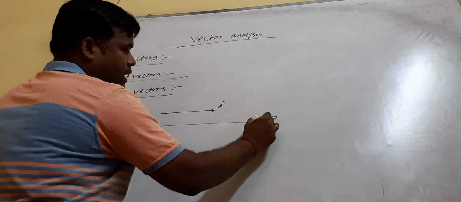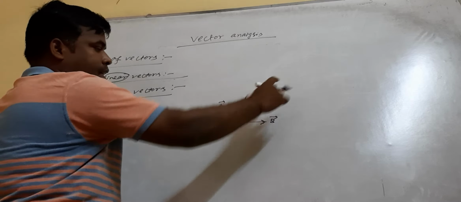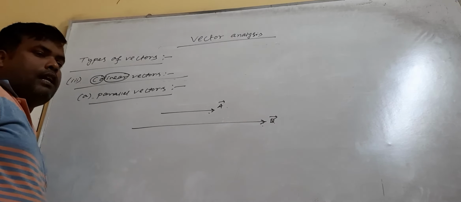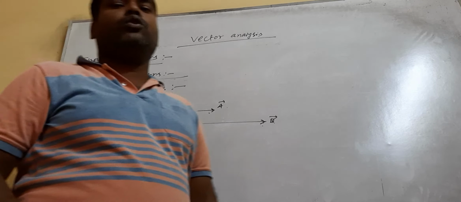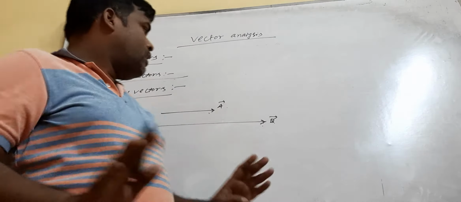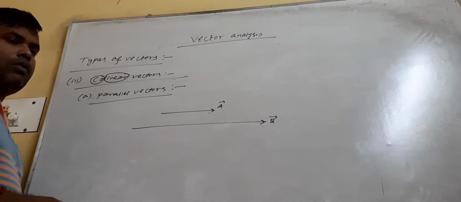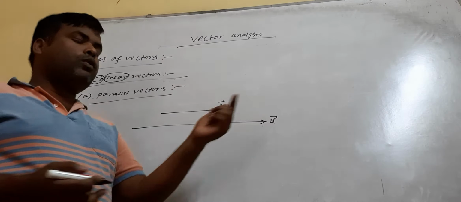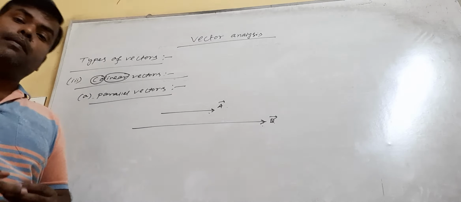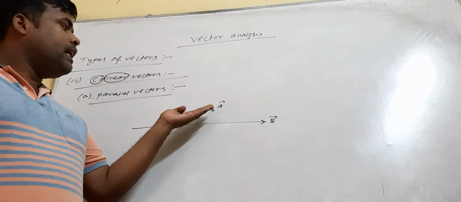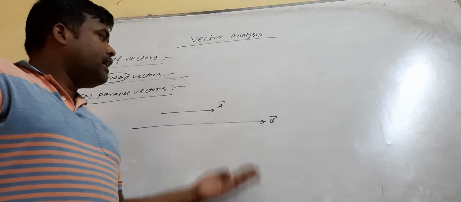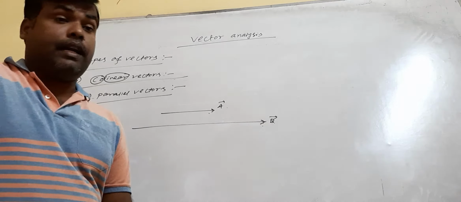A vector is acting towards the right, B vector is acting towards the right. Here you can say A vector and B vector are parallel to each other. The magnitude can be whatever. The condition is that the two vectors act along the same direction, or the angle between the two vectors is 0 degree. Then the two vectors are said to be parallel.